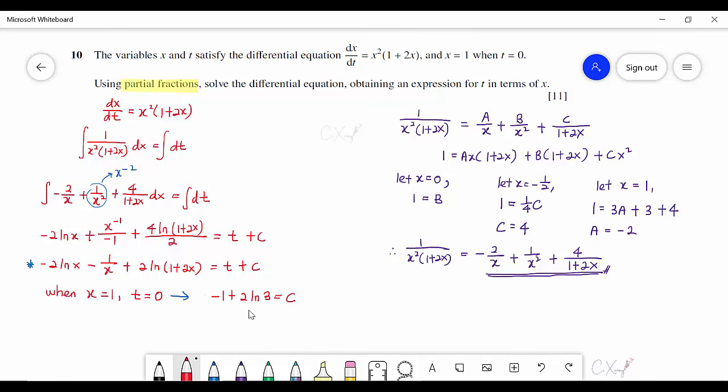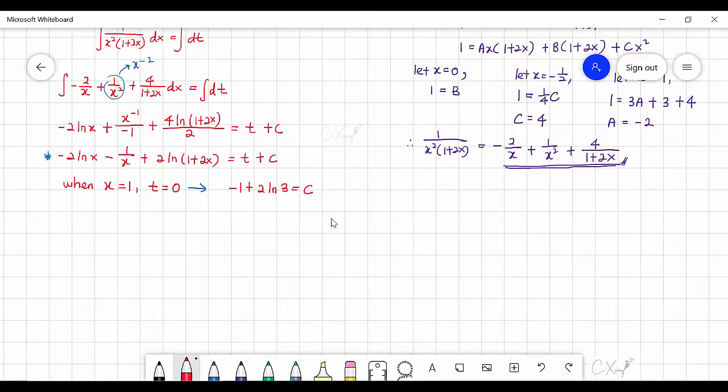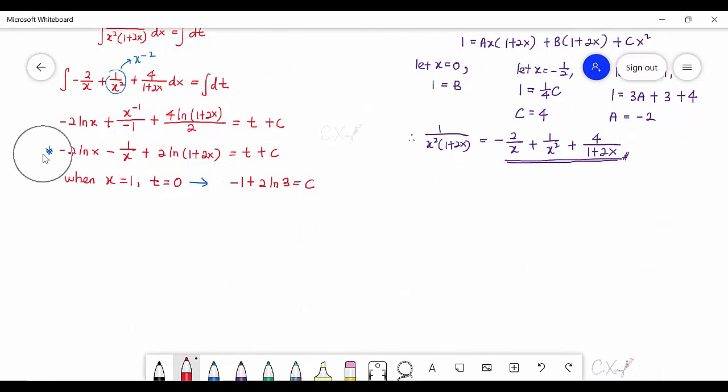And now you try to substitute it back into your integration answer. So you're having -2 ln x minus 1 over x plus 2 ln 1 plus 2x equals to t. Then the c is -1 plus 2 ln 3.